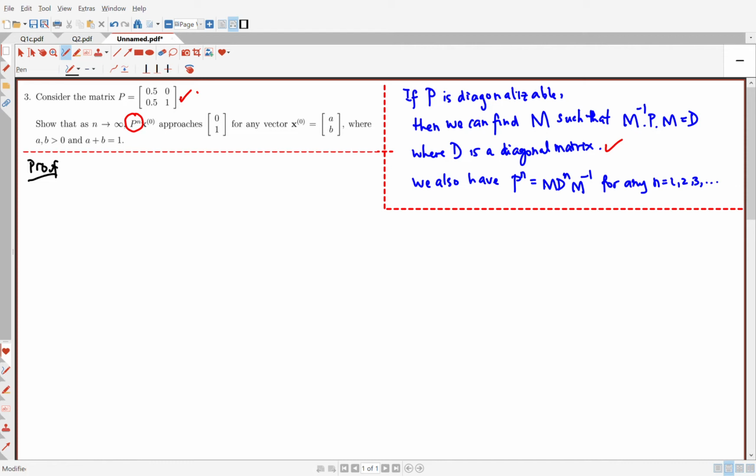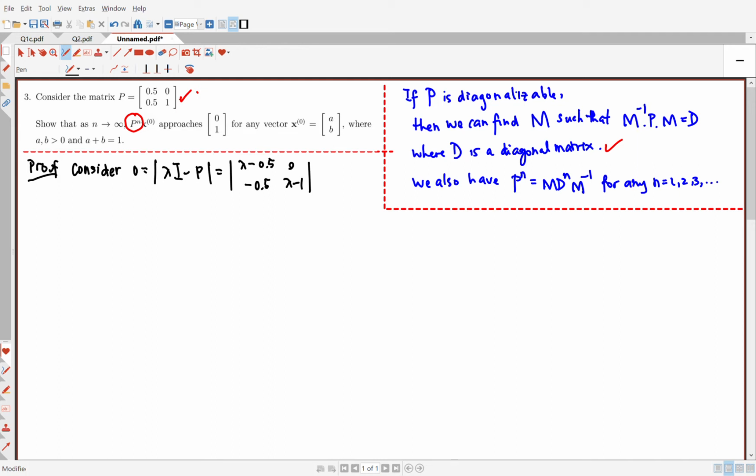So what we have here, P is this, so consider 0 equals the determinant of lambda I minus P. This is to find the eigenvalues for P. This is equal to lambda minus 0.5, 0, minus 0.5, lambda minus 1.